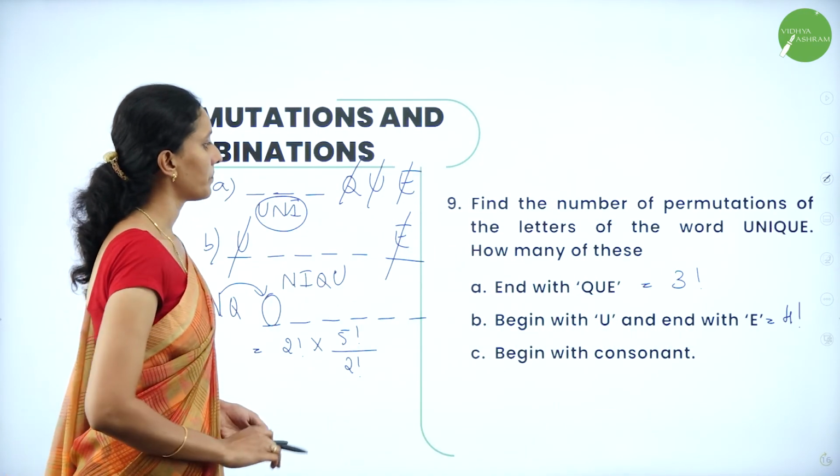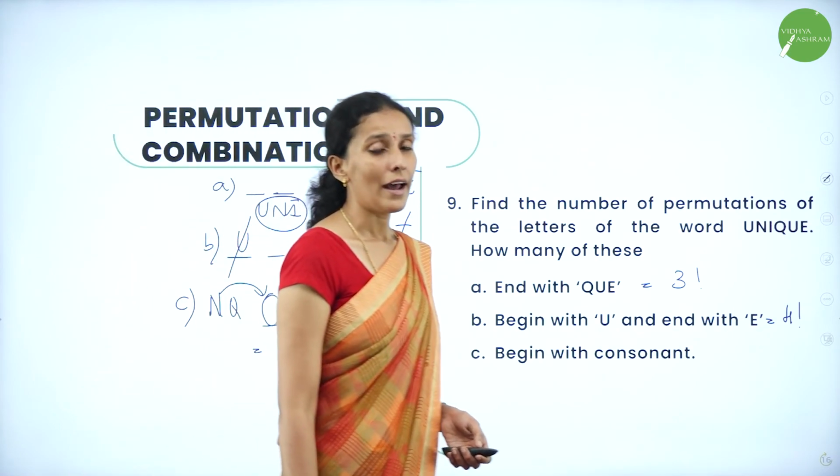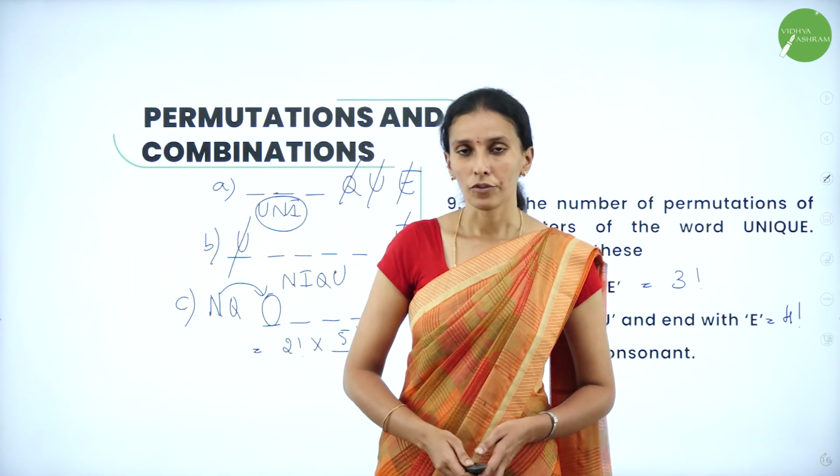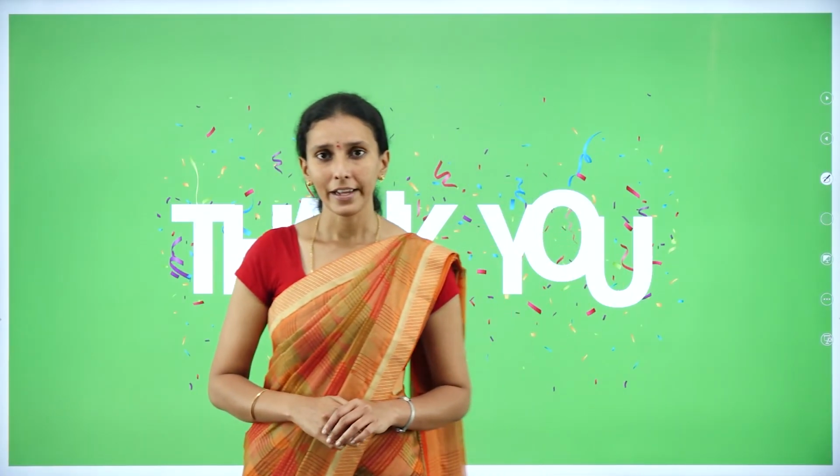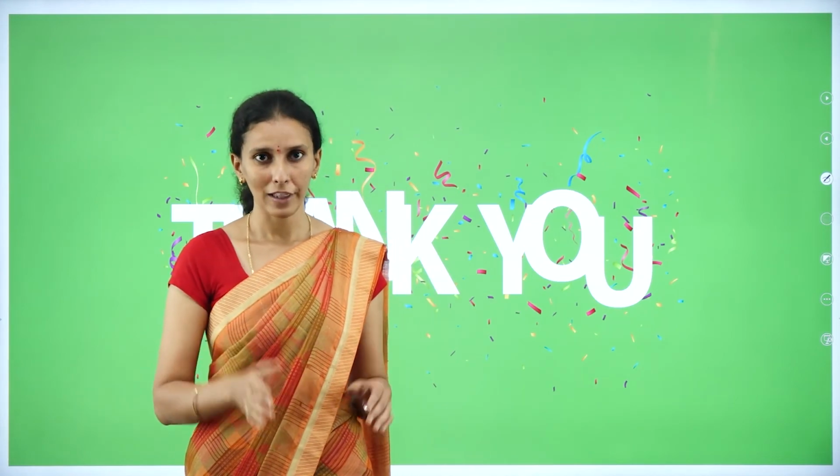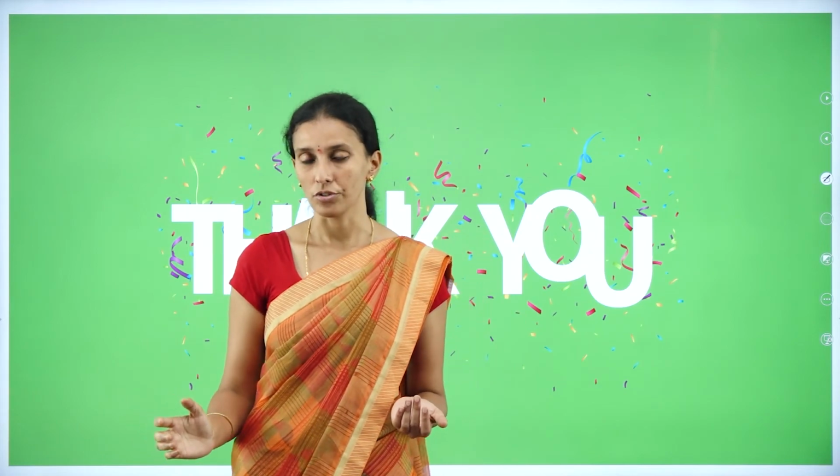So this is how we will arrange the letters of a word in different ways. Now we have learned the arrangement of letters when there is a repetition or when there is no repetition.